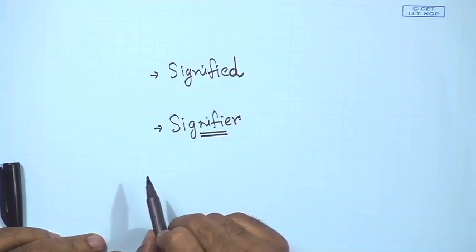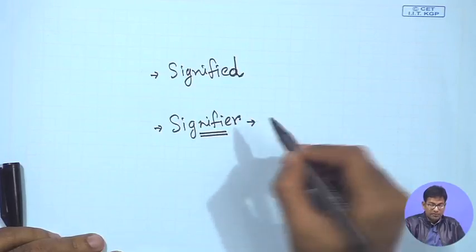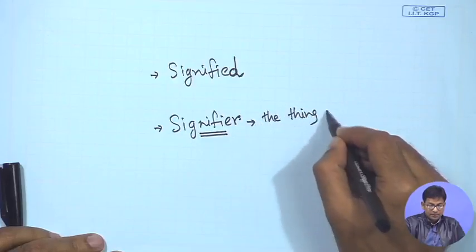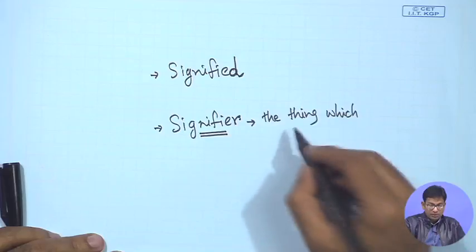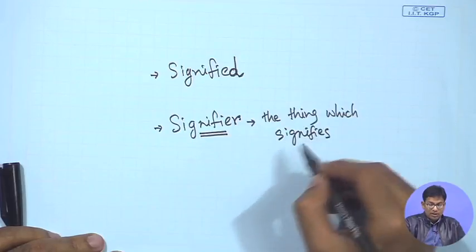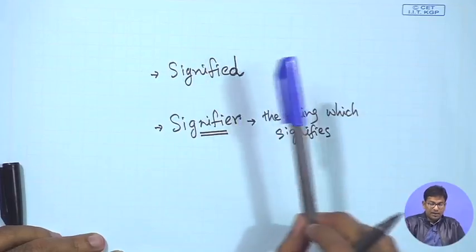So what is a signifier? A signifier is what you use to signify. The thing which signifies. If we take the pen example, the pen was the thing which was signifying.